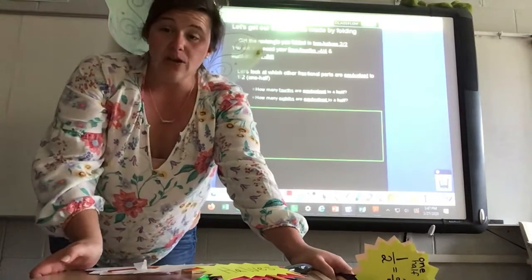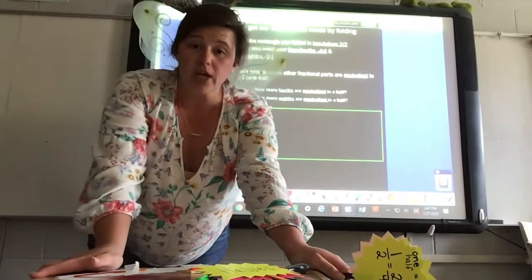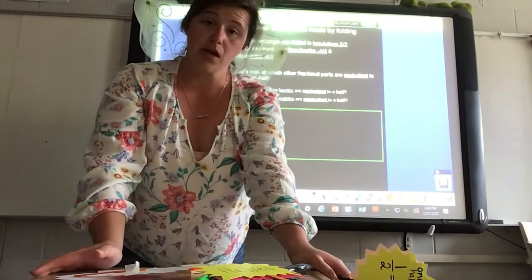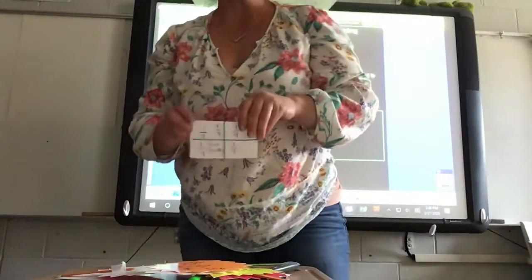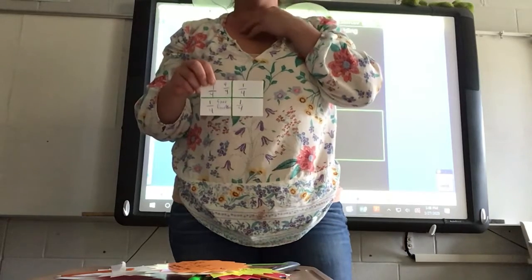That being said, we know that 2 halves are equal to 1 whole. We know that 4 fourths. So make sure you have these cards in front of you so you can reference them as we're going through them.